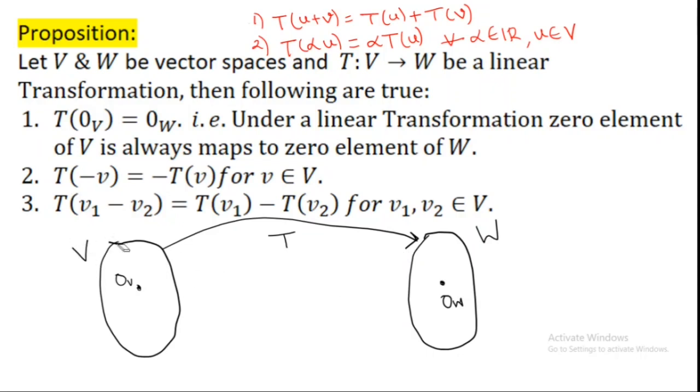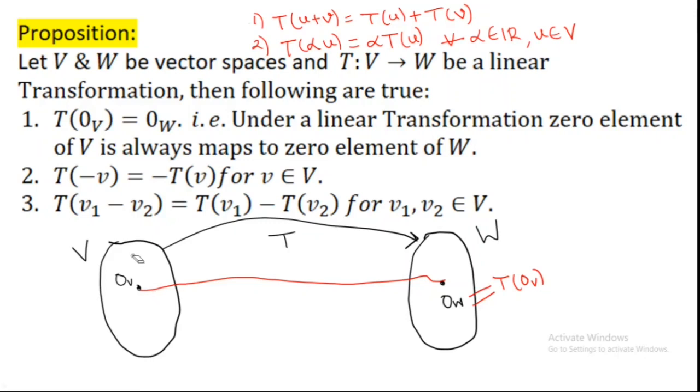See, this is our vector space V, this is our vector space W, this is our linear transformation. So suppose somewhere here we are having 0, and suppose this is our 0 of codomain. So what happens is, when T is a linear transformation, this 0 is always mapped to 0. Remember, this is 0 of V. So what will be image of this? Image of that will be T of 0V, right?